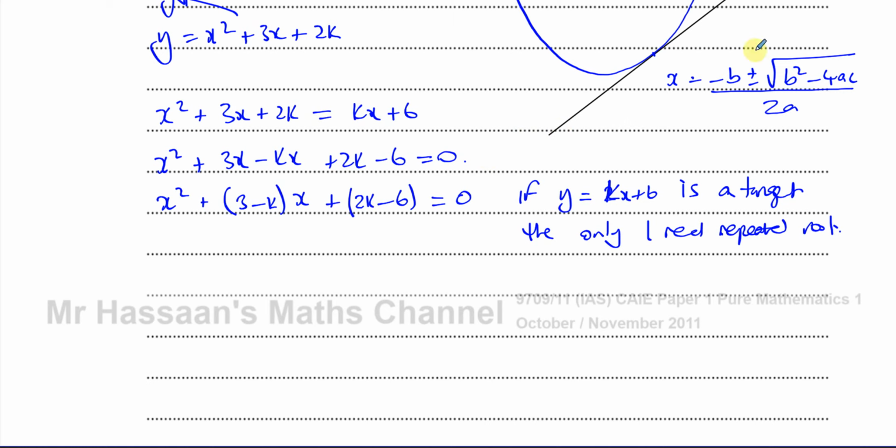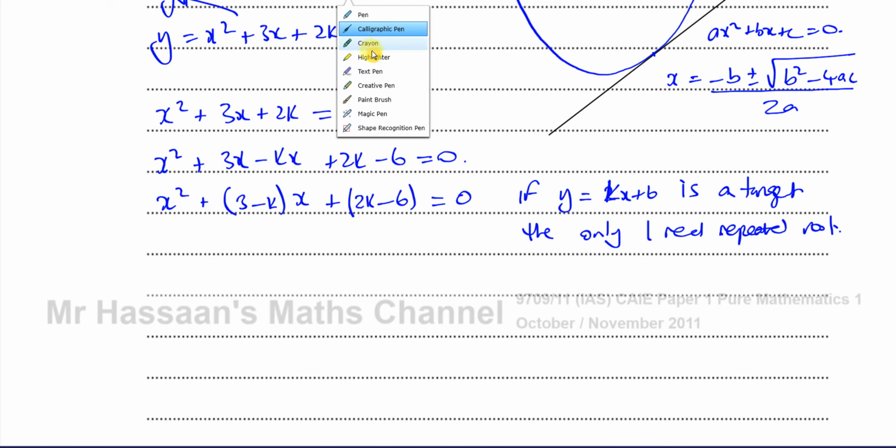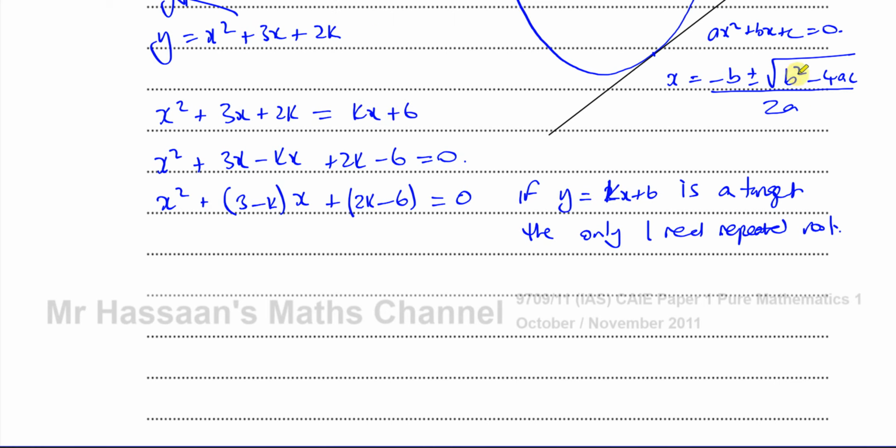When you have an equation ax squared plus bx plus c equals 0, a is the coefficient of x squared, b is the coefficient of x, and c is the constant. What determines how many solutions the quadratic equation will have is this b squared minus 4ac.